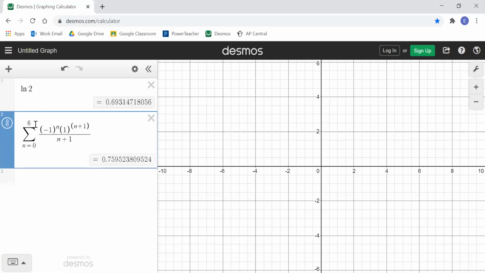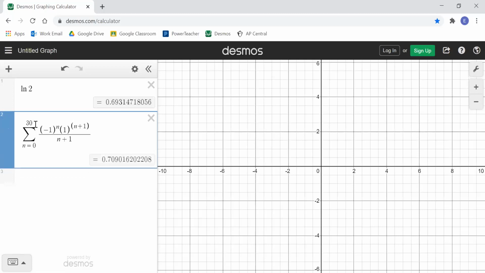At least currently, it looks like it's oscillating back and forth around the natural log of 2. Right, 0.63, 0.74, 0.64, 0.73, 0.65, 0.73, 0.658, 0.725, and so on, right? It looks like it does maybe get closer and closer to that value.